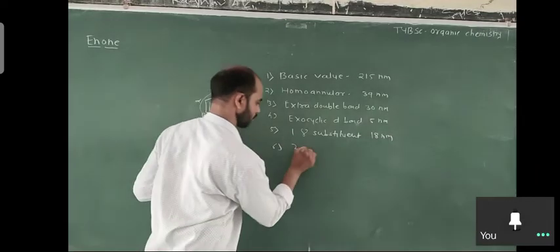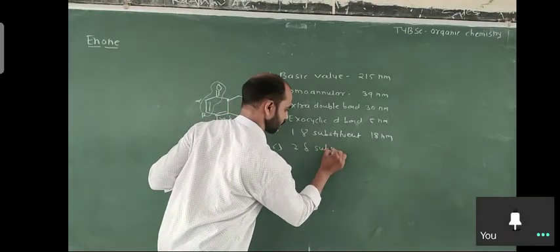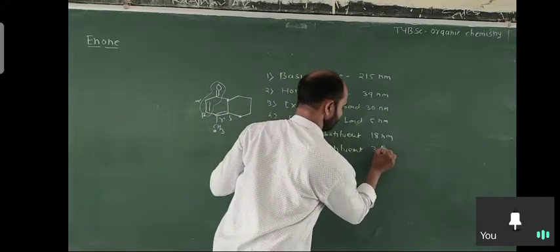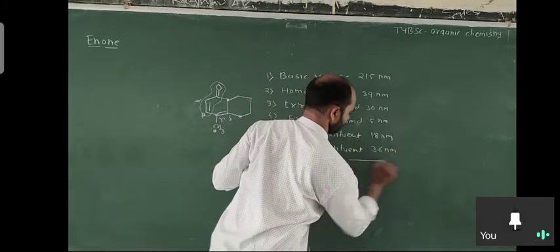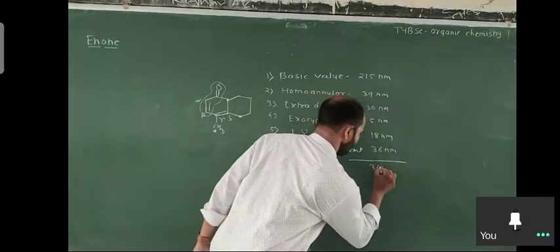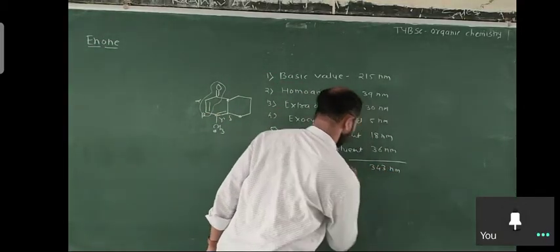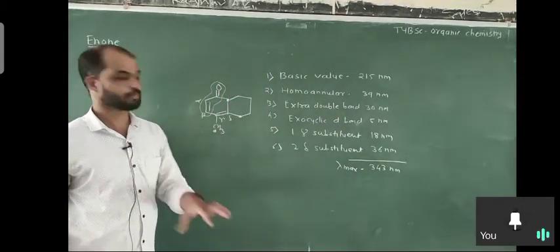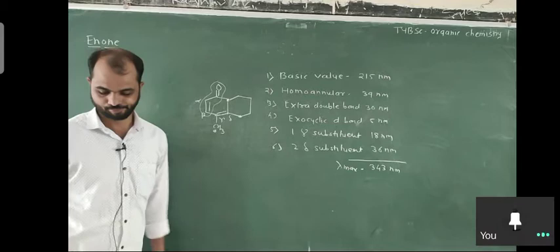Sixth, 2 delta substituents, value for that is 36 nanometer. So total is 343 nanometer. Lambda max is 343 nanometer, that is the answer.